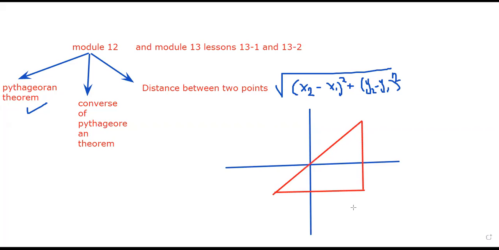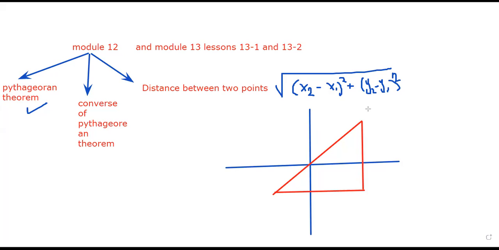If this line is parallel to the y-axis, we can count, and this one is parallel to the x-axis, we can count. So we know how many units are on each line, and then we use the Pythagorean theorem to find the hypotenuse. This is the first method.